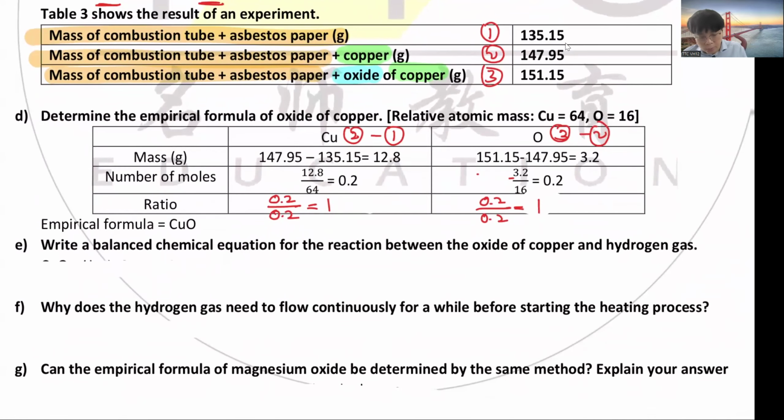Once you get the ratio is 1 to 1, this is the equation as I wrote out for you just now. We can confirm the ratio is 1 to 1. So CuO burns with hydrogen gas, then the hydrogen gas will take away oxygen from the copper.